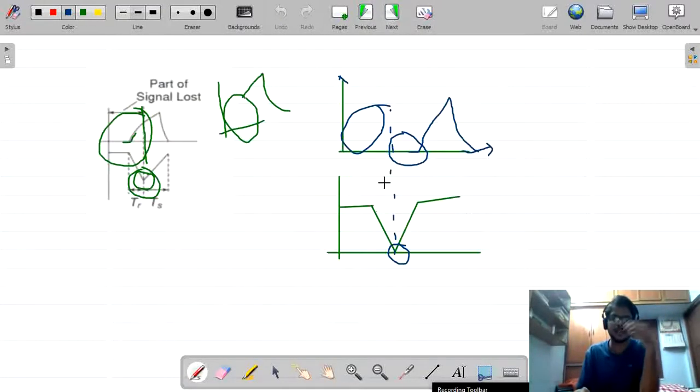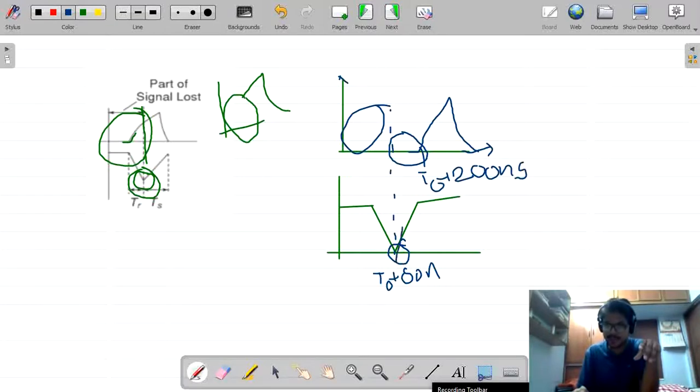So from this we can clearly see that at this point the time is T0 plus 80 nanoseconds. My signal has started at T0 plus 200 nanoseconds. Which signal has come first? My sweep generator has started first, such that there is no loss of the signal. Okay guys, this is the concept of the delay line.